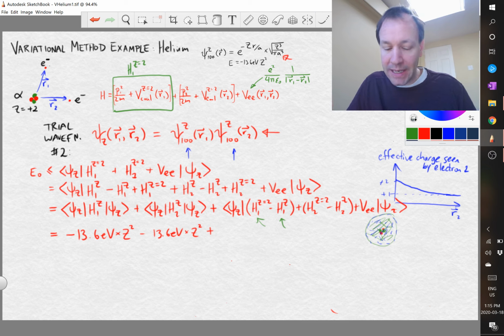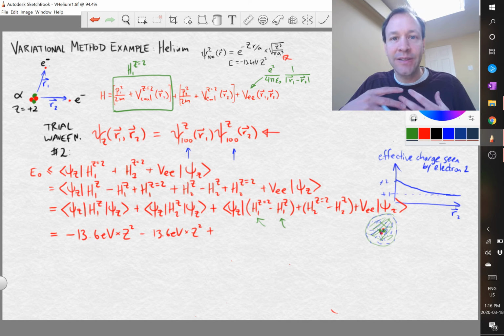If we want to know what H1Z is, all that affects is the Coulomb potential term, so it's the same thing with a different charge in the Coulomb potential term. The nice thing is that when we take the difference, the momentum term cancels out between the two Hamiltonians, and that difference is just the difference of the two potentials, which is just some function of R.